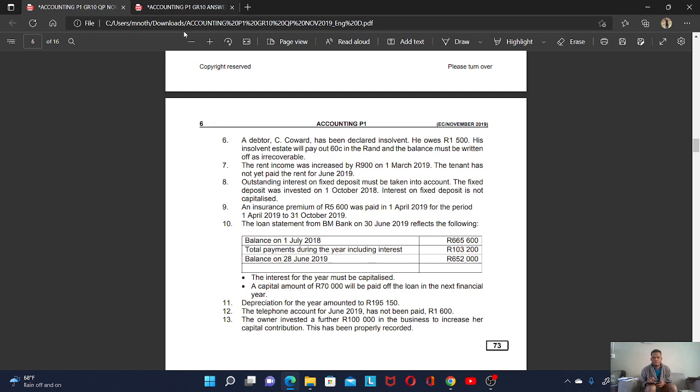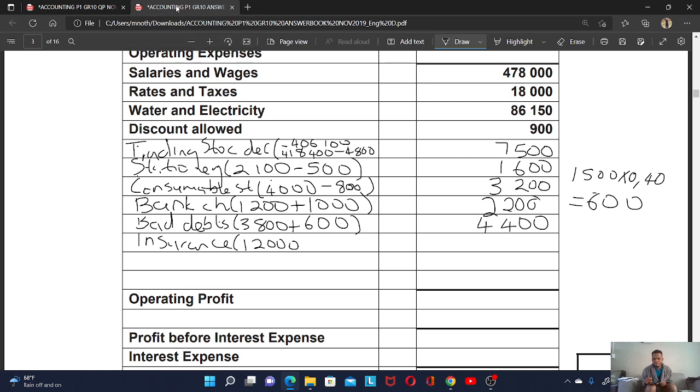Remember, it's April to October, 7 months, and the insurance premium is 5,600. Let's calculate it. 5,600 times 4 months divided by 7.